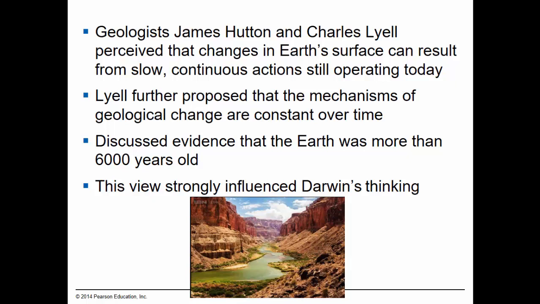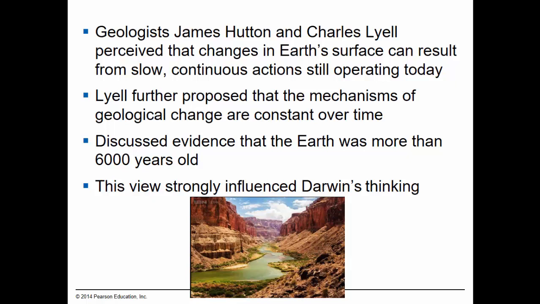Another important theory that these two scientists proposed was that because these processes take such a long time, the Earth is a lot older than 6,000 years old. Now, what's magical about the number 6,000 years old?